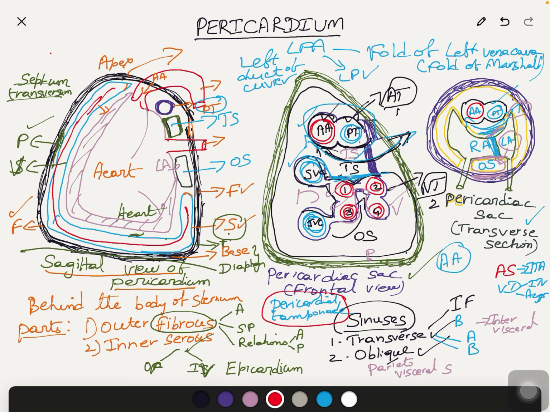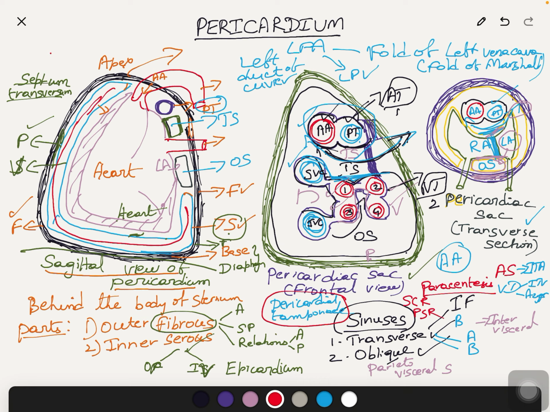How to treat this? We should know paracentesis: paracentesis or aspiration of the pericardial fluid and intracardiac injection. We have to give this injection or aspiration of pericardial fluid by two routes: the subcostal route and the parasternal route.